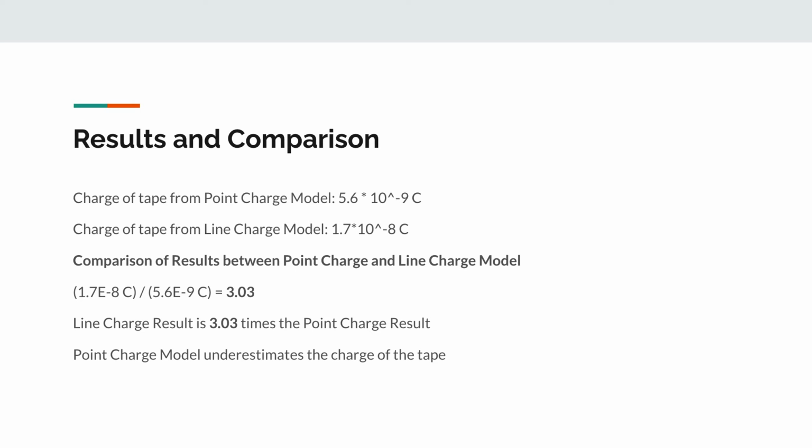And the charge of tape from the line charge model, which we have now, is 1.7 times 10 to the negative 8th coulombs. So it's about a 3-times difference. The line charge model gives a charge that's about 3 times stronger than the point charge model. And so the point charge model is underestimating the actual charge of the tape.